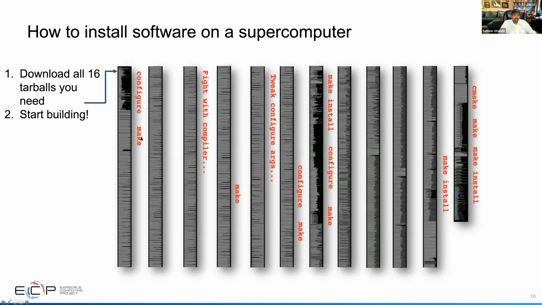You create the directories, you configure it, you make, then you fight with the compiler with the flags, then you build, you tweak the configuration parameters, you again configure, make install, and then once you have installed everything, whether it's with make or CMake build systems, then you create your application that depends on all these 16 packages.